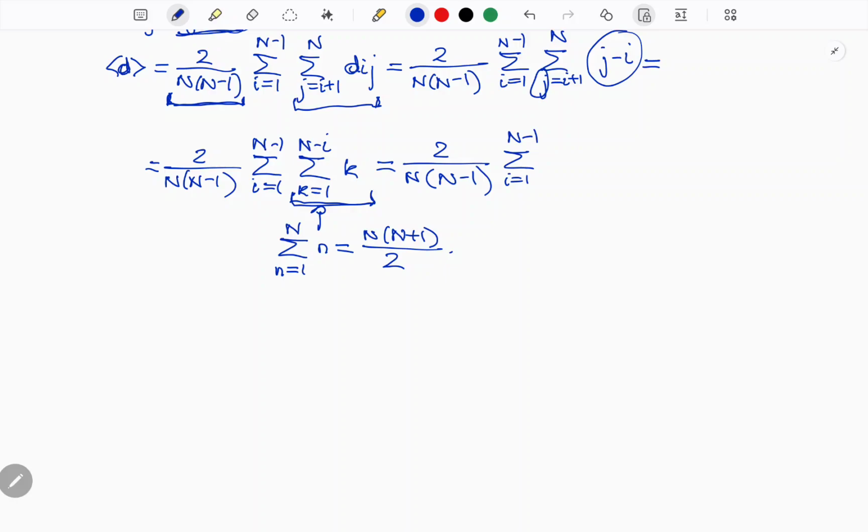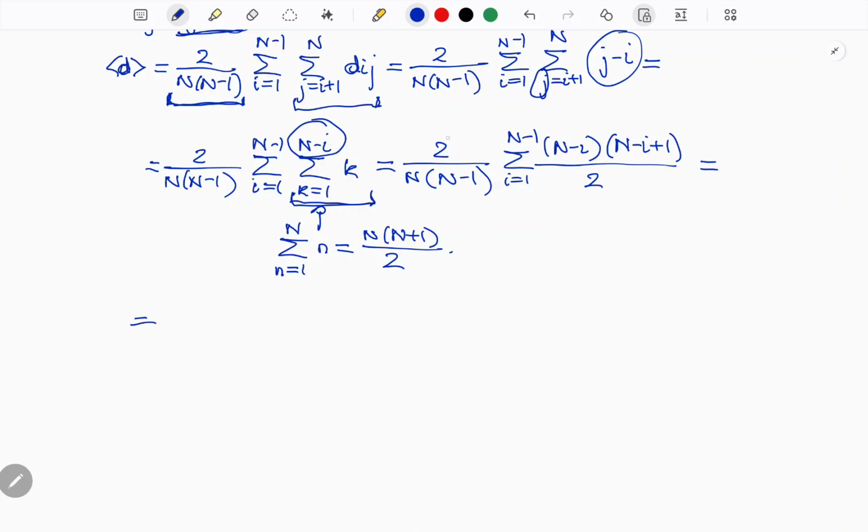So in this case, I'm going to substitute n minus i in the previous expression. So this is n minus i times n minus i plus 1 divided by 2. Okay, so this is the expression that I'm obtaining here.